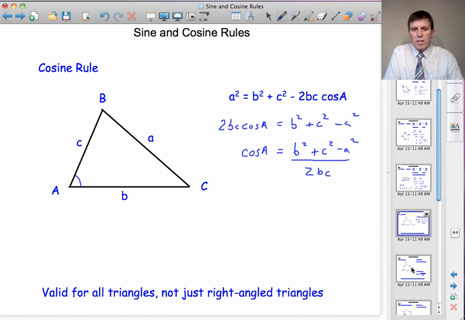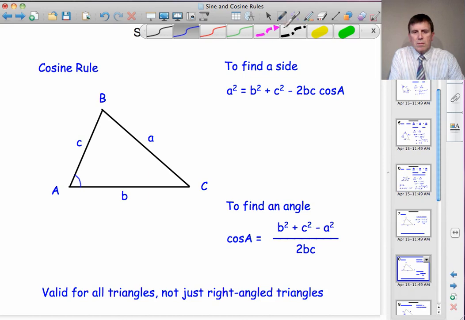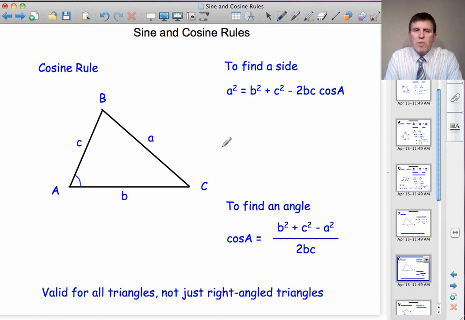So let me just summarize that. There it is. To find a side, we use a squared equals b squared plus c squared minus 2bc cos A. And to find an angle, we use cos A is b squared plus c squared minus a squared divided by 2bc. Now, as before, you've got to get away from the letters and recognize the patterns.